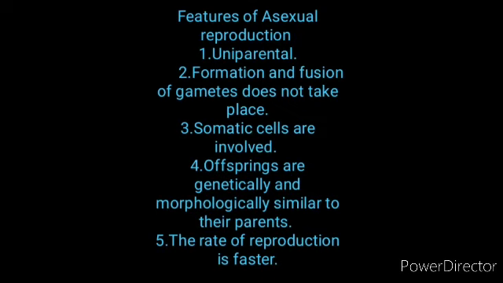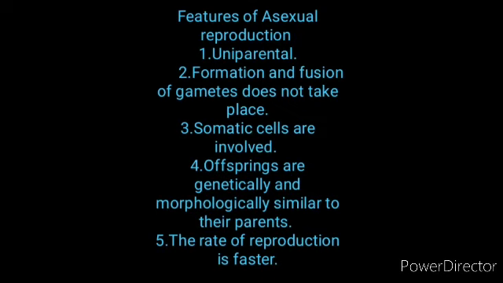Next, we discussed the characters of asexual reproduction. First point, uniparental. What is the meaning of that? A single parent is involved. Second point, formation and fusion of gametes do not take place. That means there is no formation of gametes. Third, somatic cells or body cells are involved in asexual reproduction.